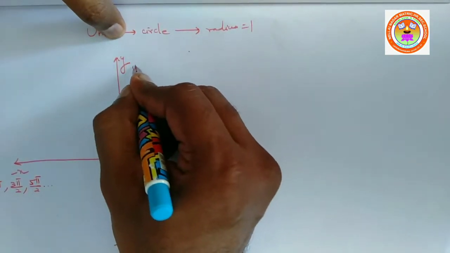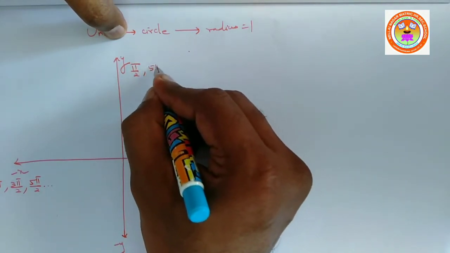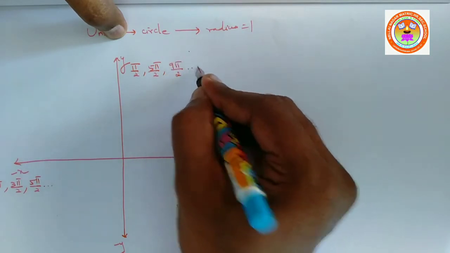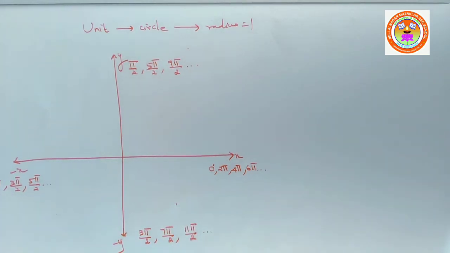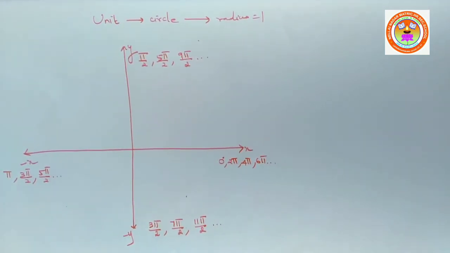Y is nothing but pi by 2, 5 pi by 2, 9 pi by 2 and it goes on. For minus y it is 3 pi by 2, 7 pi by 2, 11 pi by 2 and it goes on. So no problem in that. You can easily do some sums.